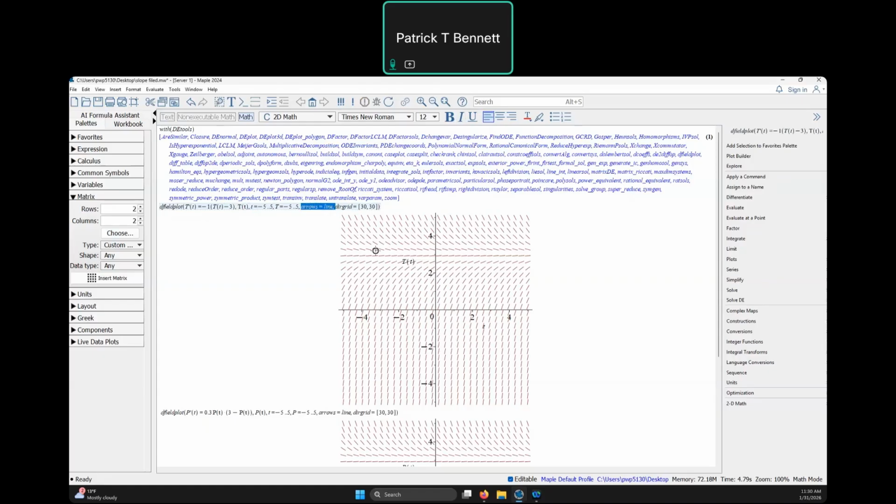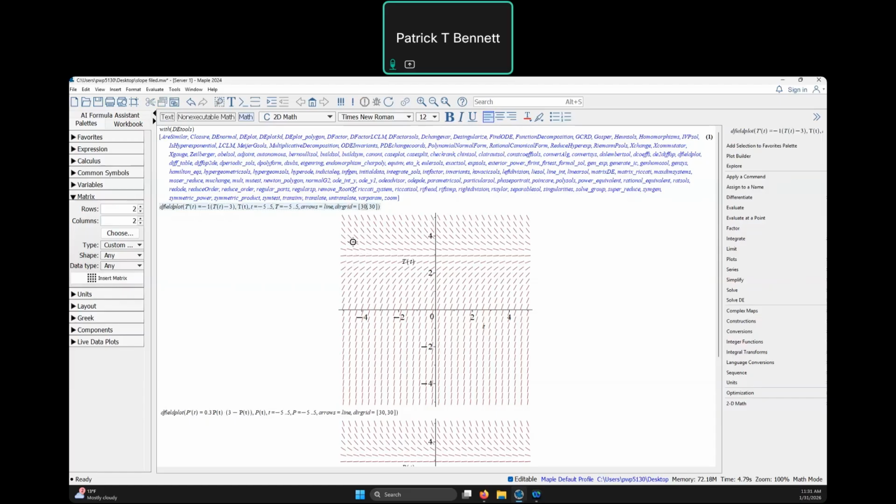There are different options to make the picture look different, but I just chose simple little red line segments. And this last piece of information tells it the density of these arrows. 30 by 30 means that there are 30 arrows going from top to bottom and 30 from left to right. And so this is a slope field of the differential equation that I put in.